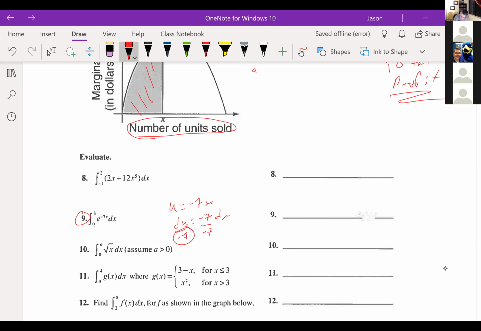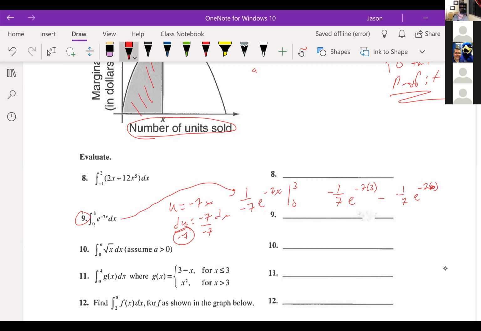So the net result here is that I'm going to get 1 over negative 7 e to the negative 7x evaluated from 0 to 3. Okay, and then we're going to plug in the 3. So this is negative 1/7 e to the negative 7 times 3 minus negative 1/7 times e to the negative 7 times 0.